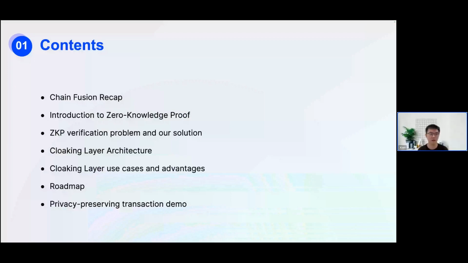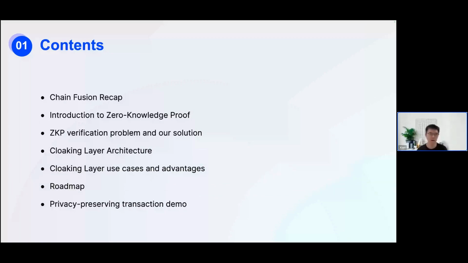The contents of this presentation will be a little bit of recap about the Chain Fusion concept from ICP. For today's presentation, I'm going to focus on the use of Chain Fusion for zero-knowledge proof and for public blockchains like Bitcoin and Ethereum.